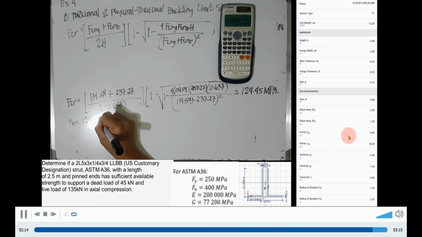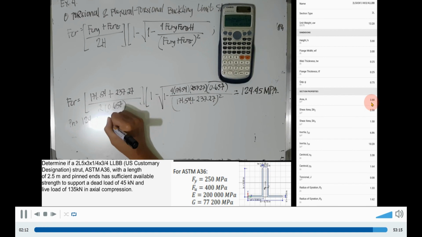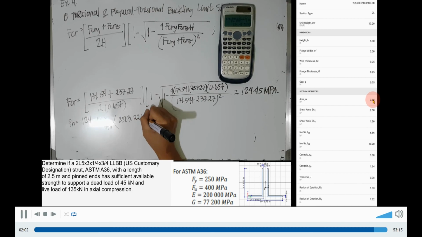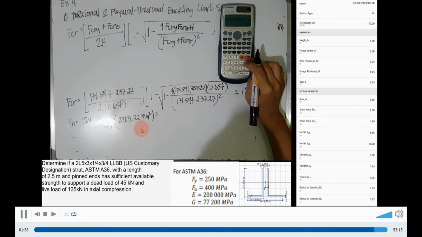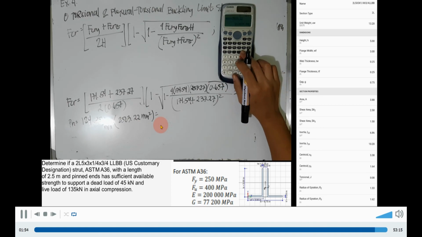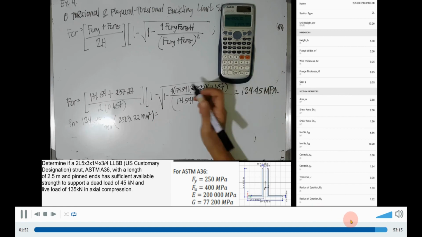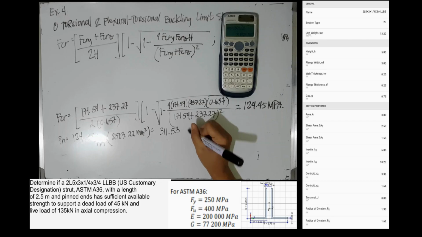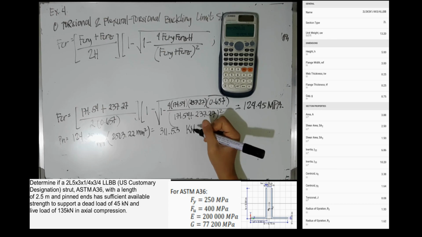We have gross area here 3.88 inches squared, but you can convert it into millimeters squared, or you can open your CSI steel application. Makikita nyo doon yung area. So area is 2,503.22 square millimeter. So our nominal strength would now be equal to 311.53 kilonewton.